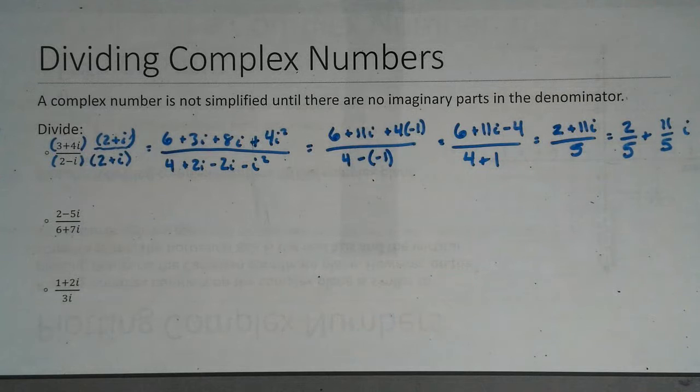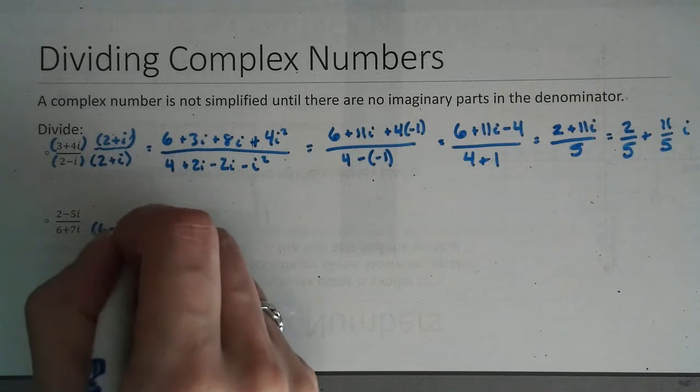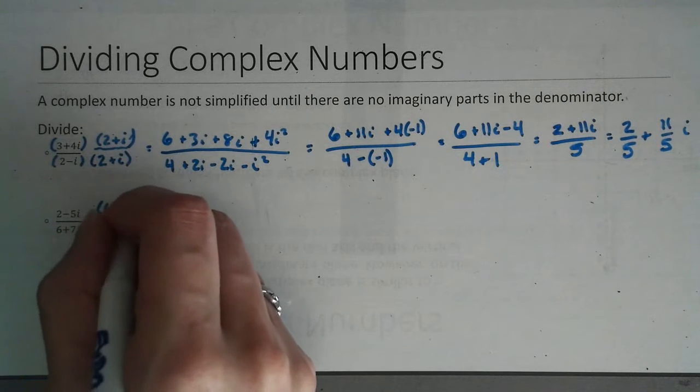Let's try another one with this 2 minus 5i over 6 plus 7i. Again, I need to multiply by the complex conjugate of the denominator. That's going to be 6 minus 7i, and I'm going to multiply it in my numerator and denominator.